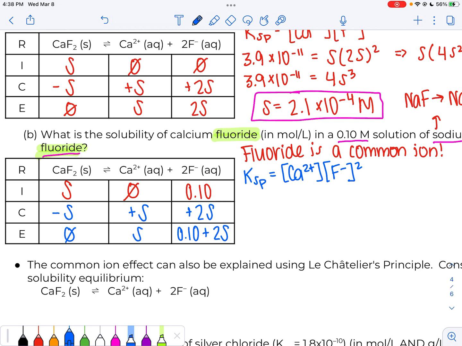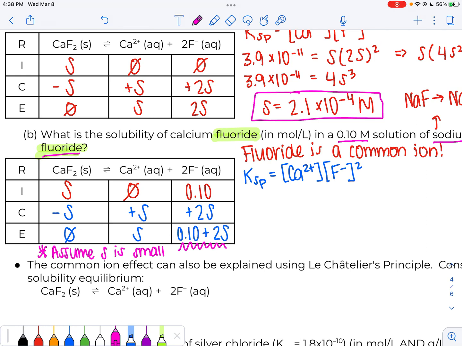This math gets a little bit complicated if we're trying to add in this big mouthful right here, right? So what we're going to say is we're going to assume S is small. Just like those assumptions that we made with our equilibrium calculations in the earlier lesson, we're going to make an assumption here to say that S is a small value to make our math work out better.